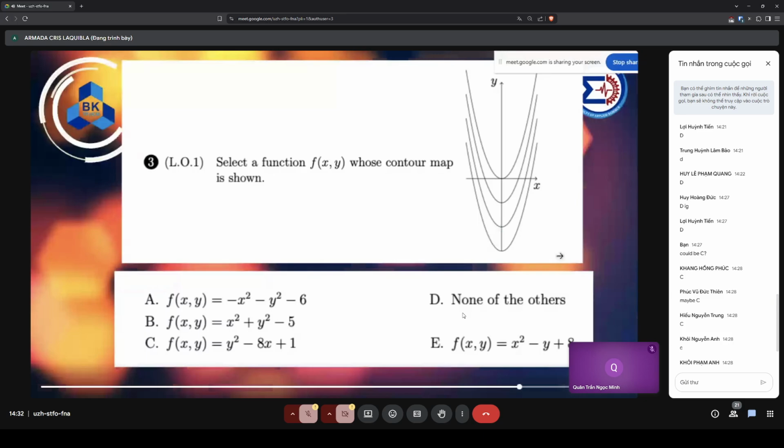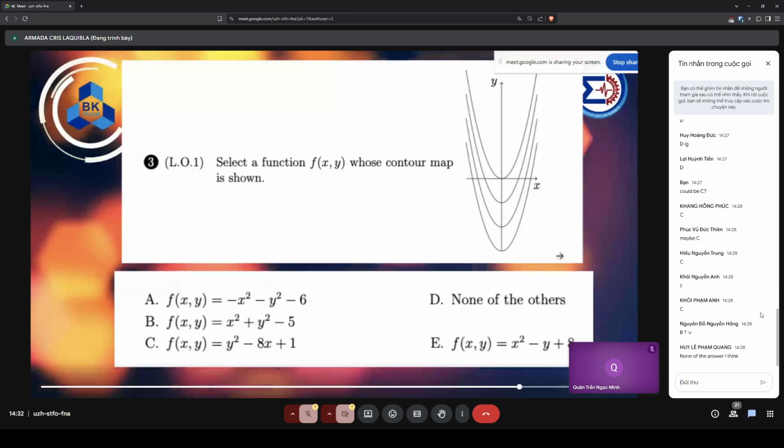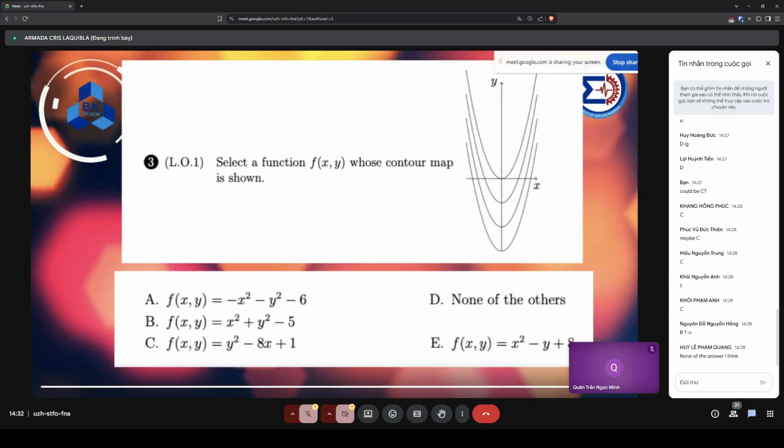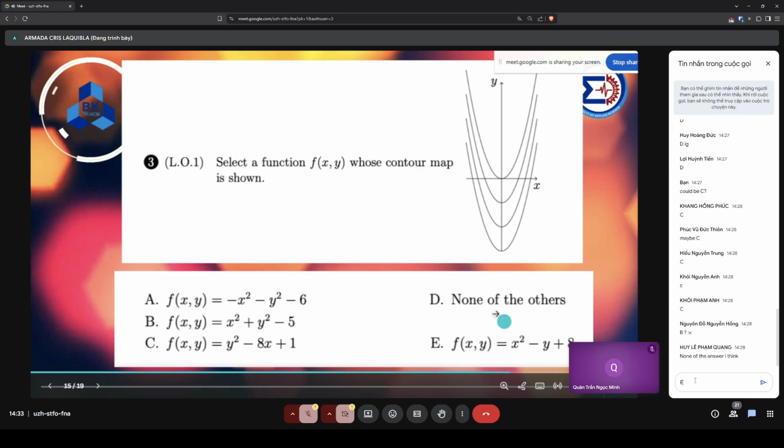That is the contour map. So the answer there is actually letter E.